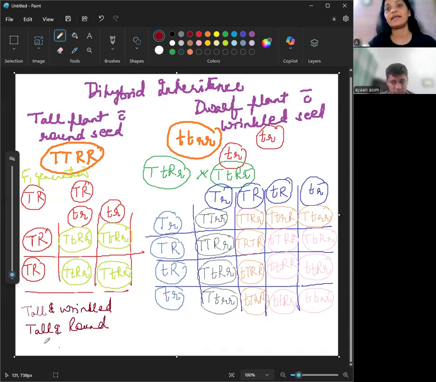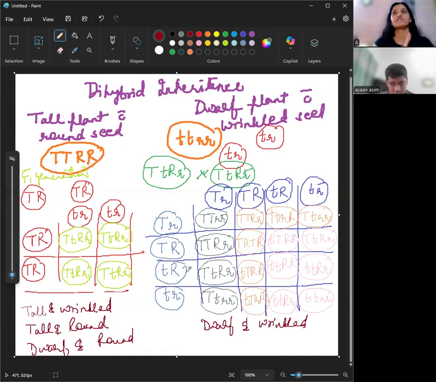Then I can have dwarf and round, and the last will be dwarf and wrinkled. These are the four types of phenotypes which can be visible. Now we'll make the tally marks so that our ratio comes up.